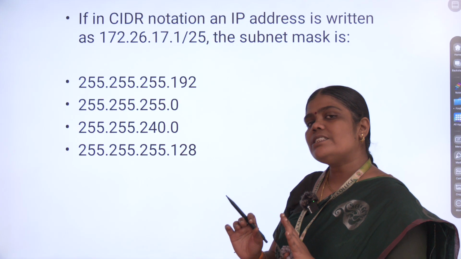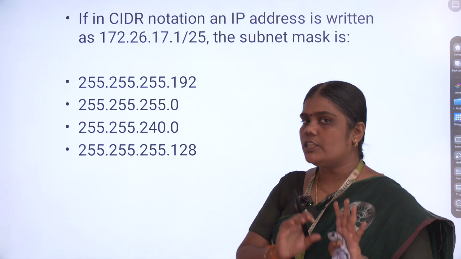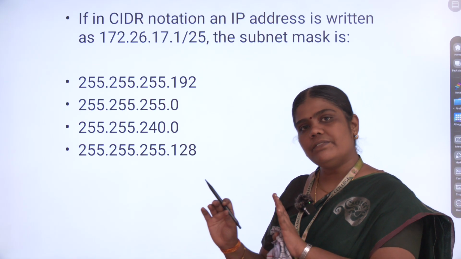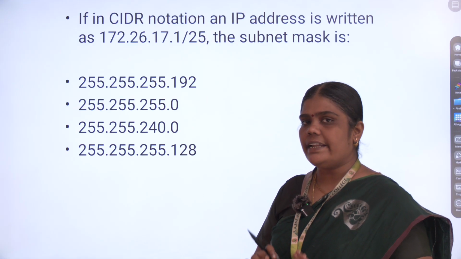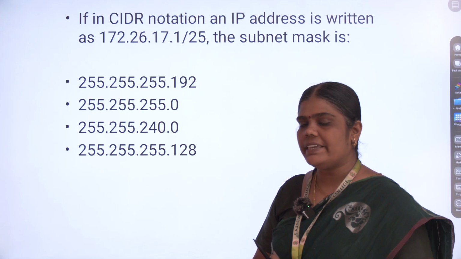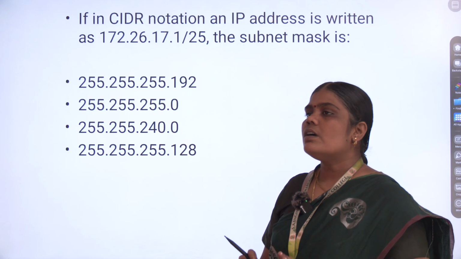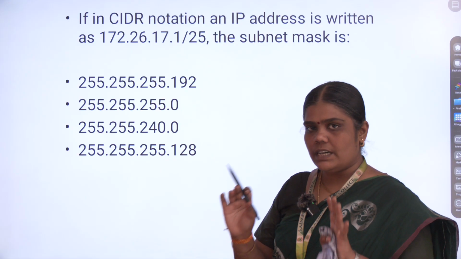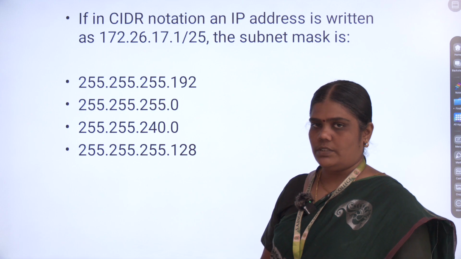So to distinguish between these two, network ID is used. A will be given a unique network ID and B will be given a unique network ID, and within A's network, 10 devices are there. So 10 devices will be given unique host IDs also. To differentiate between these network IDs and host IDs, the subnet mask is used.